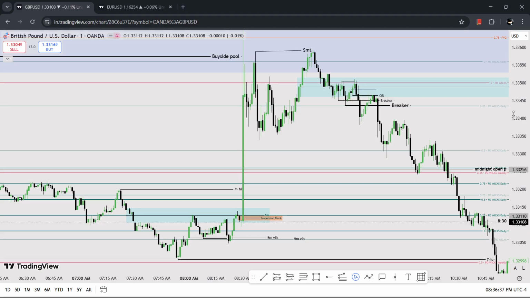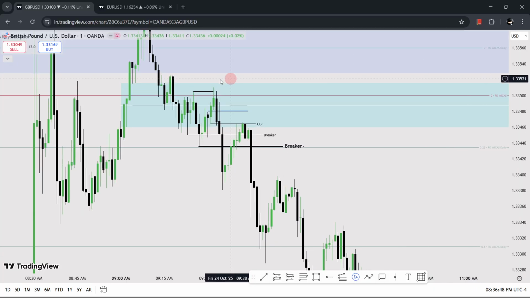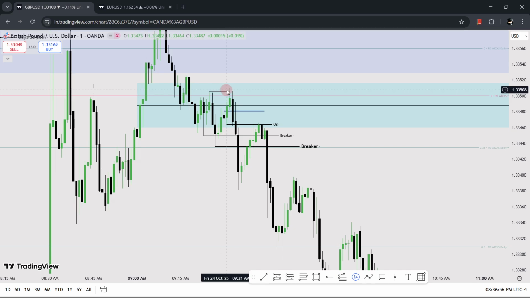That's not just random. So again, where do these bodies stop? Just on some random lines, right? They went to some random lines.